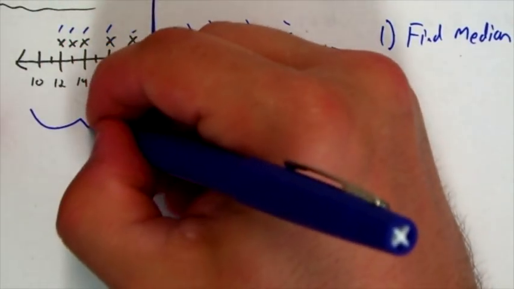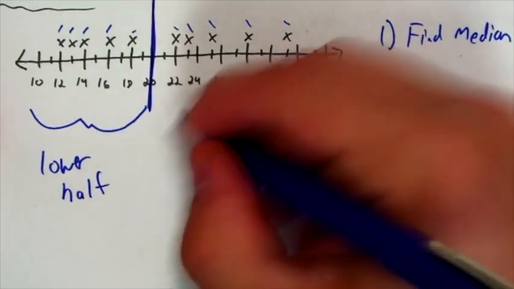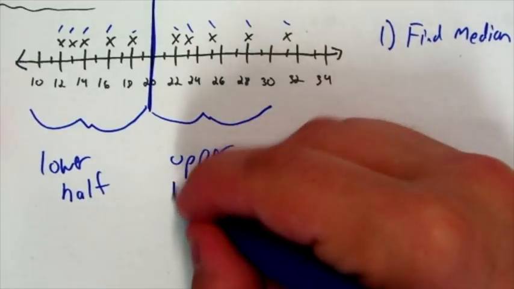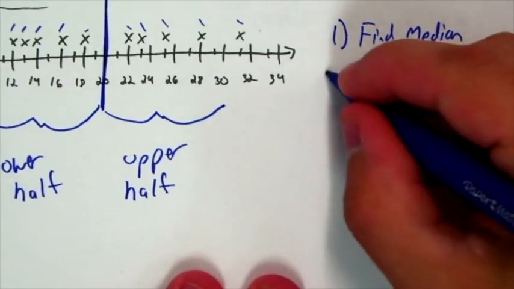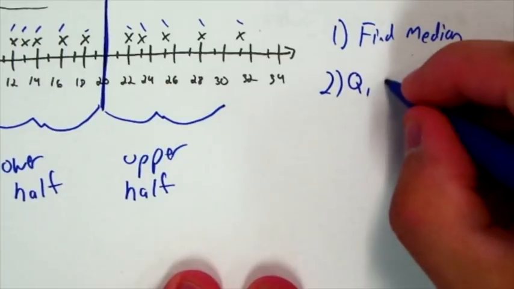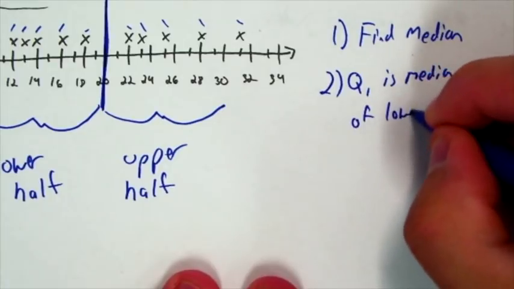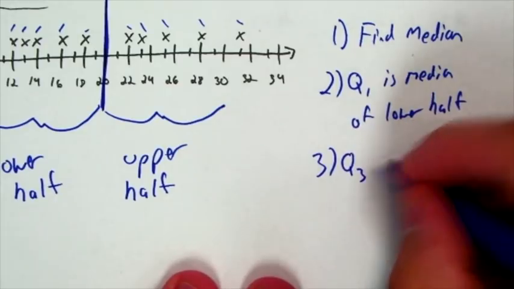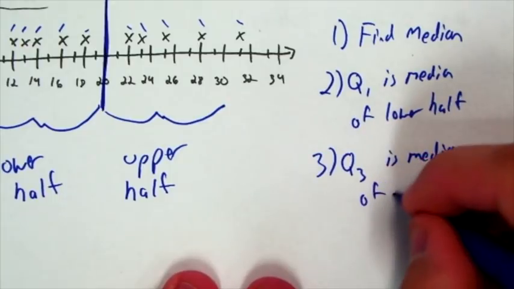This right here is the lower half. And this right here then would be the upper half. So, after we've found the median, quartile 1 is the median of the lower half, and quartile 3 is the median of the upper half.